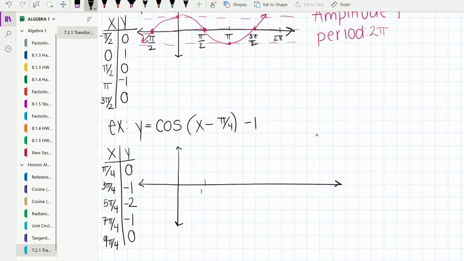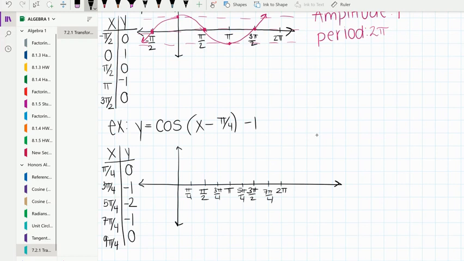So we've just been labeling pi over 2, pi, 3 pi over 2, and 2 pi, but we know in between would actually be pi over 4, 3 pi over 4, 5 pi over 4, and 7 pi over 4.